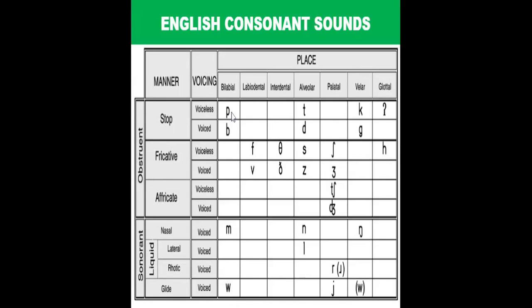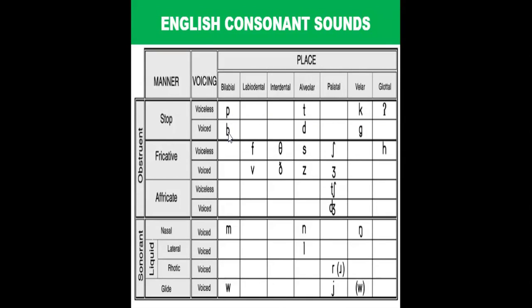So here you have P and B. This is voiceless, this is voiced. And these are bilabial consonant sounds, because the articulation of P, for example, involves the upper and lower lips coming together. All right.